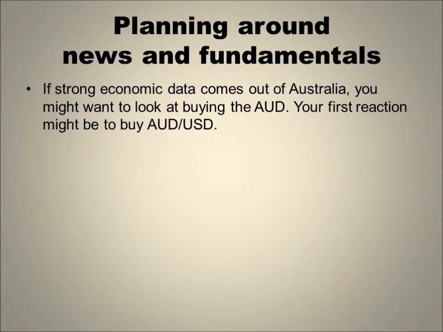So if we want to invest in the Australian dollar, we should first look at the Australian US dollar pair, because anything involving the US dollar is going to have the most amount of volatility, meaning you will receive your biggest profits from that pair. So again, anything that affects the Australian economy, we want to focus on the Aussie US dollar pair.